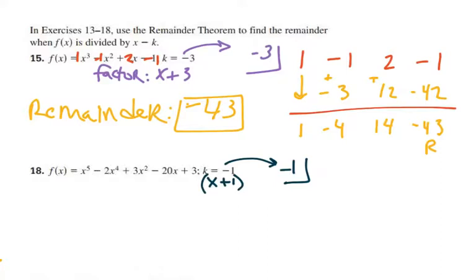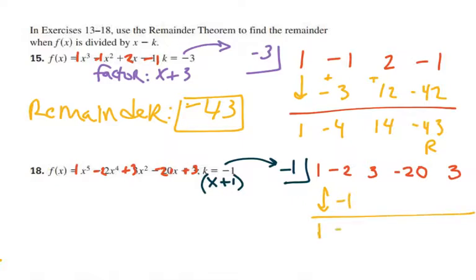Our coefficients are 1, negative 2, positive 3, negative 20, and 3, and none of those are missing any powers, so 1, negative 2, 3, negative 20, and 3. Alright, so if we do our strategy, we're going to get negative 3, and add that and get 6, add that and get negative 26, add those and get 29.